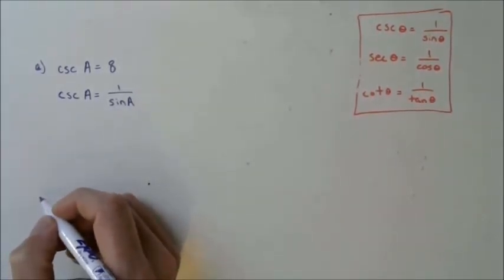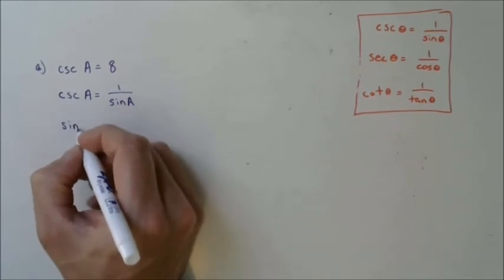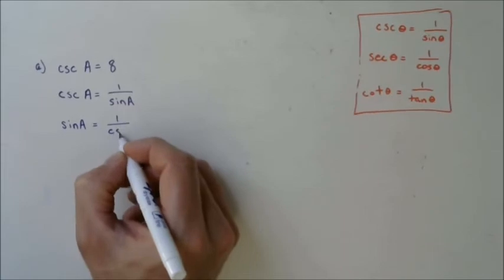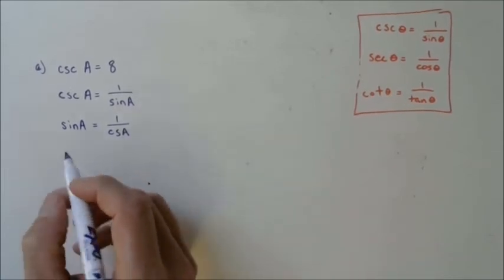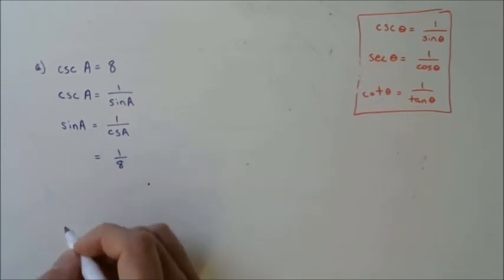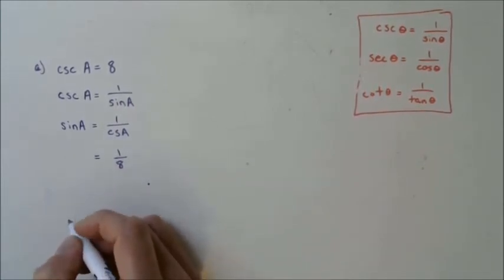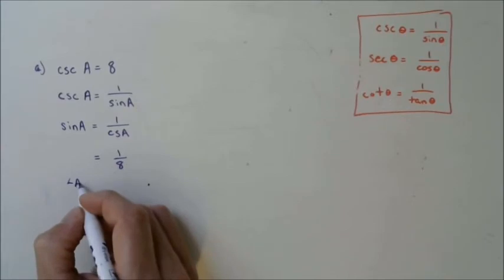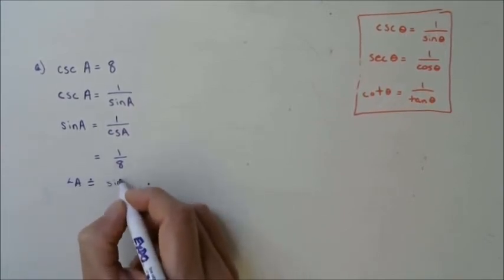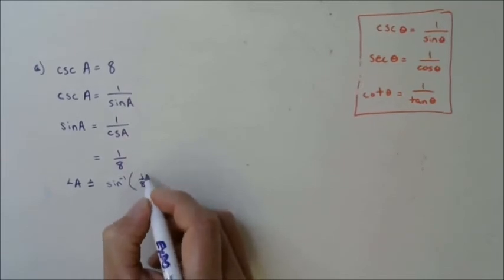And all that means is that the sine of A is also 1 over the cosecant of A. And if the cosecant of A is 8, then the sine of A is 1 over 8. Well, now, if I need to find the measure of angle A, all I have to do is take the inverse sine of 1 over 8.